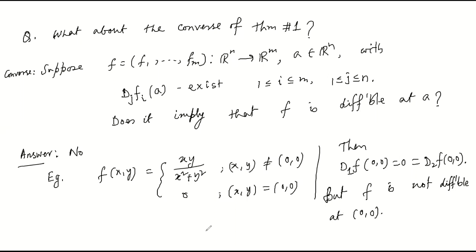Notice that this function is not continuous at (0,0), and this implies f is not differentiable at (0,0). You know that if a function is differentiable at a point, then the function is continuous at that point. Okay, so now we have a remark.